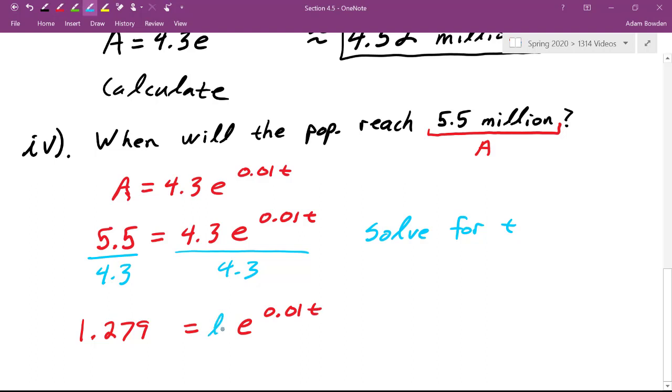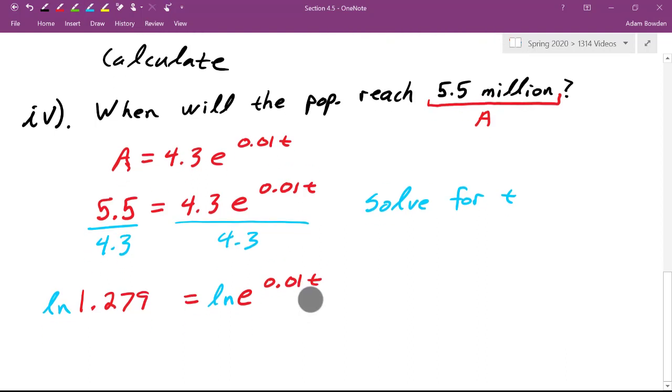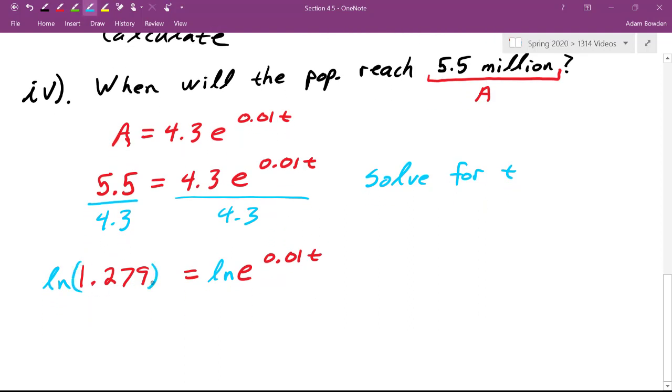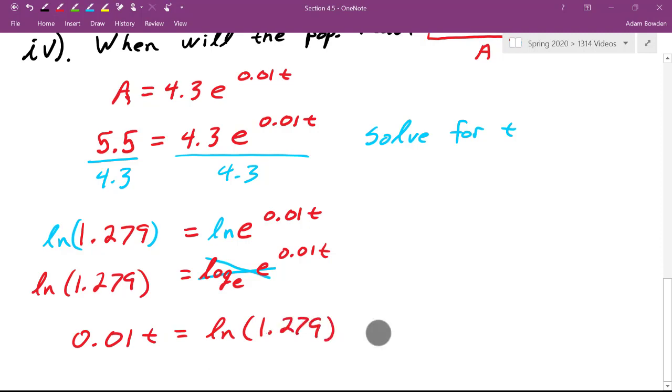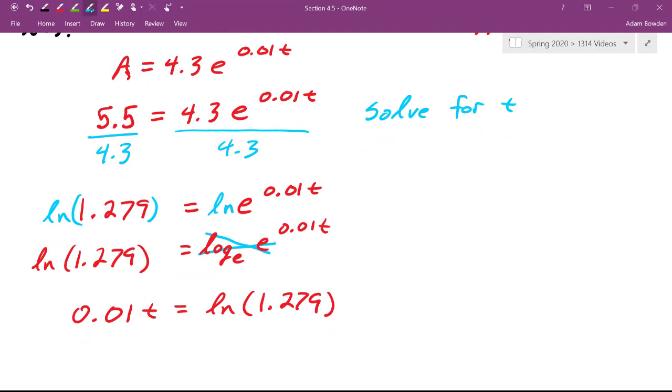Now since we have e to the power, I'm going to take the ln on both sides. Keep in mind again that ln is log base e. So if I have log base e and e raised to the power, that's going to cancel those two things out. So what we're going to get is 0.01 t is equal to ln 1.279. And now we only need to do one more thing to solve for t. That's divide both sides by the 0.01.